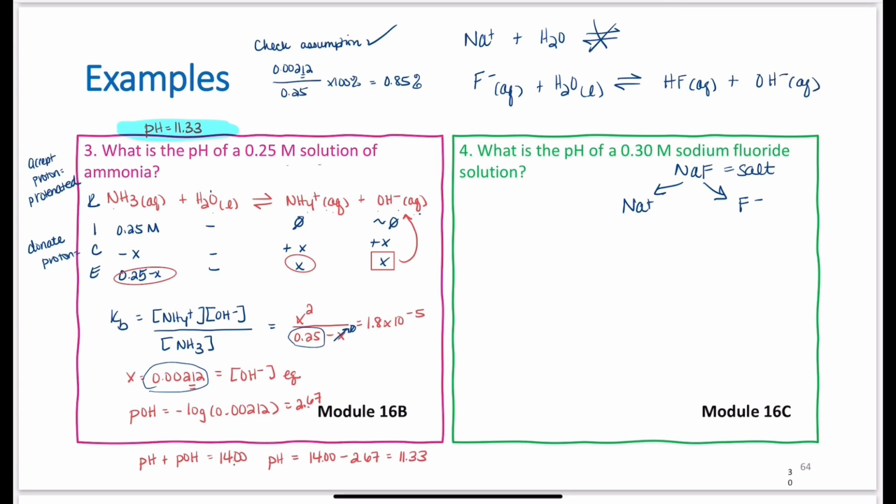So it accepted a proton, it was protonated, it is a base, water's acting as an acid, this is the conjugate acid, and the conjugate base. So again, you need to be able to look at these things and recognize what's actually happening here.